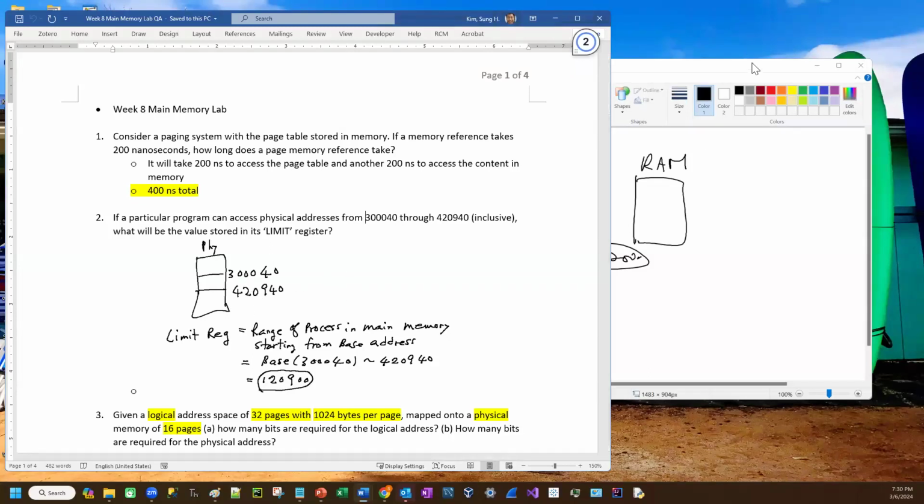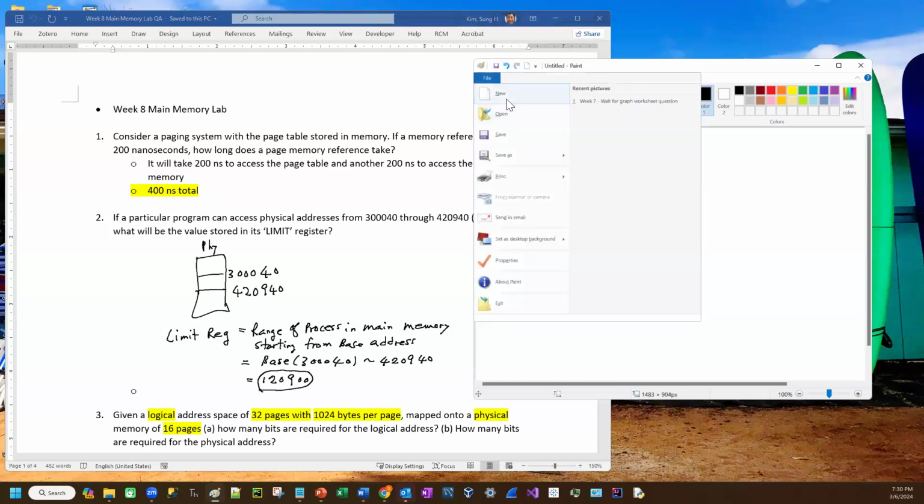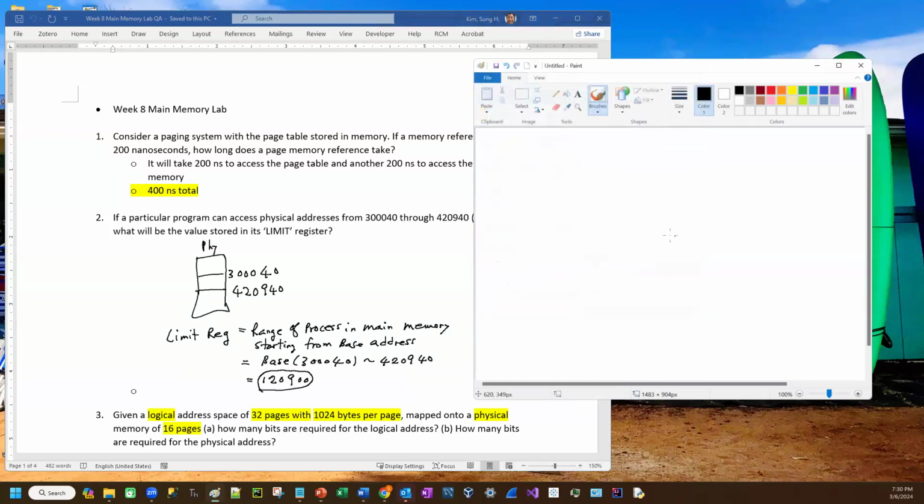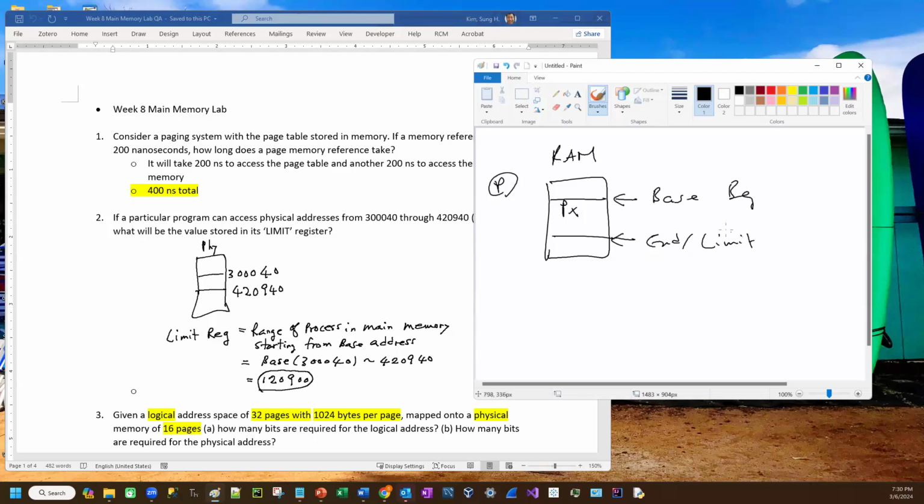Okay, so maybe I should clarify. Here in the RAM, if you have a process, PX, then here's a physical address, but here is the base, here's the beginning, and here's the ending or the limit, but the limit is given in terms of a range.